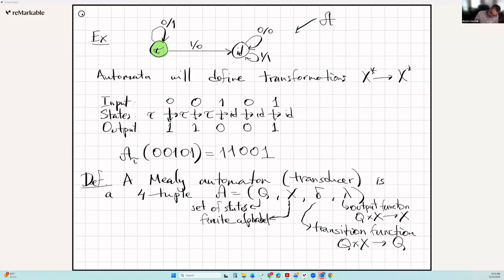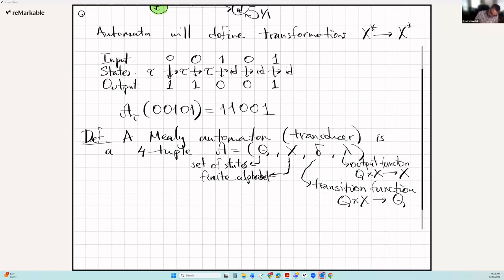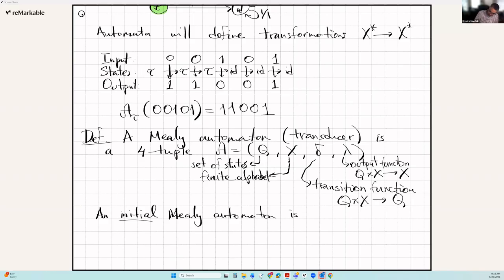And then just a continuation of this definition. An initial Mealy automaton is a five-tuple.